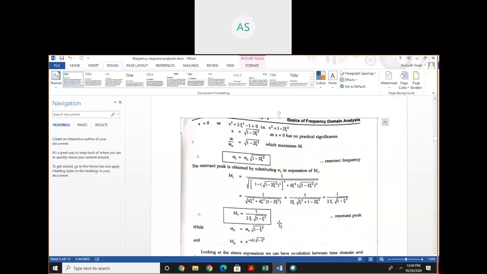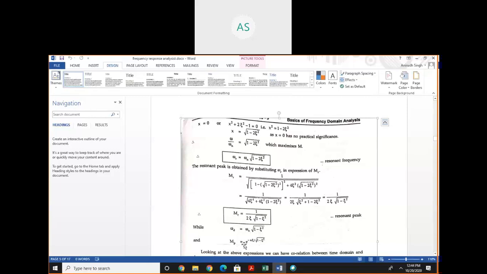If we substitute this value of omega r in M, we get the value of the resonant peak. After simplifying this equation, we get the value of Mr. Value of Mr is given by 1 by 2 zeta multiplied by under root 1 minus zeta square.